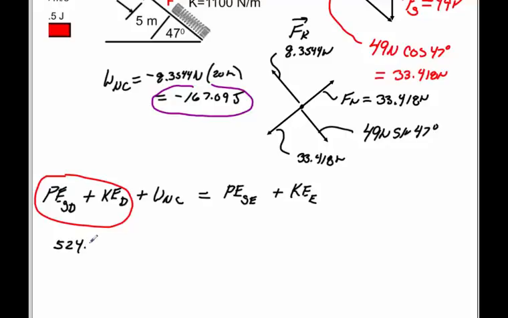Now we have work being done by non-conservative forces. We know that's going to be minus 167.09 joules. Is going to equal the gravitational potential energy.